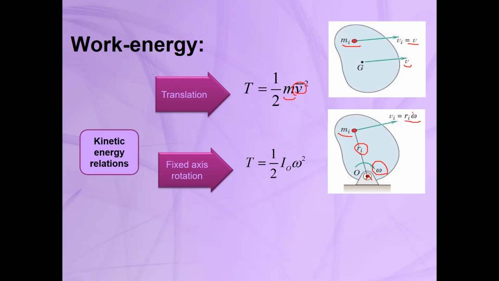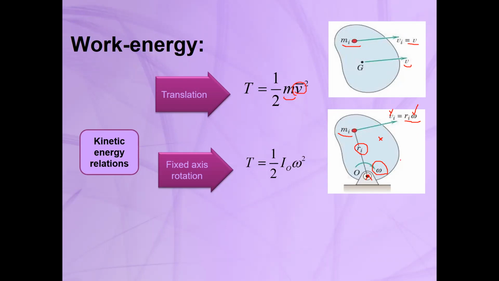The omega, if it was constant, but vi is not constant, because vi is equal to ri times omega. I mean, the velocity of this point, for example, is not equal to the velocity of vi, okay?